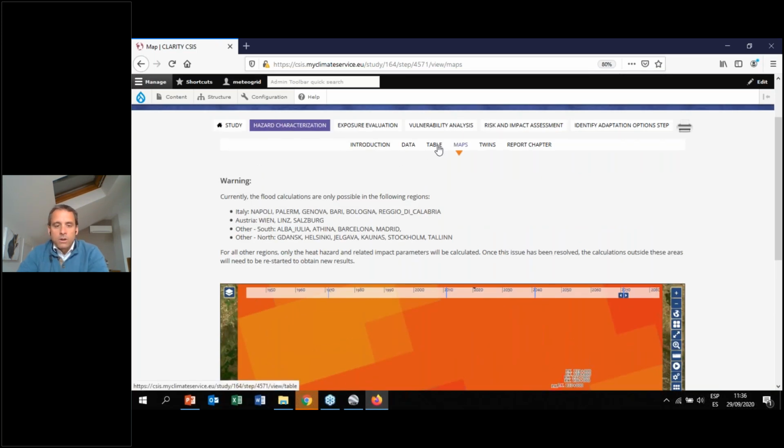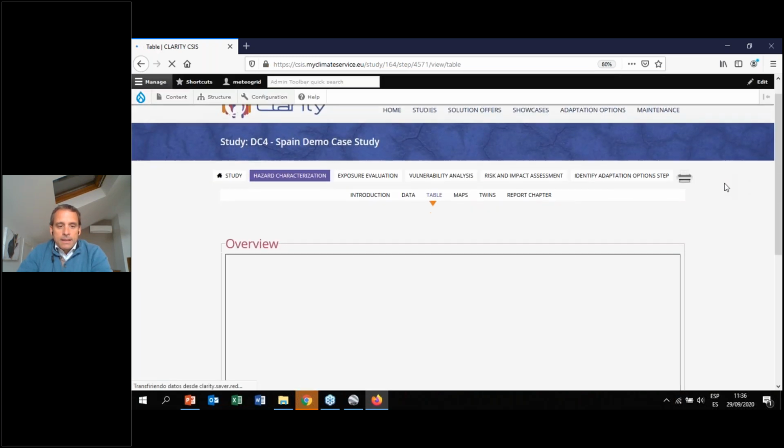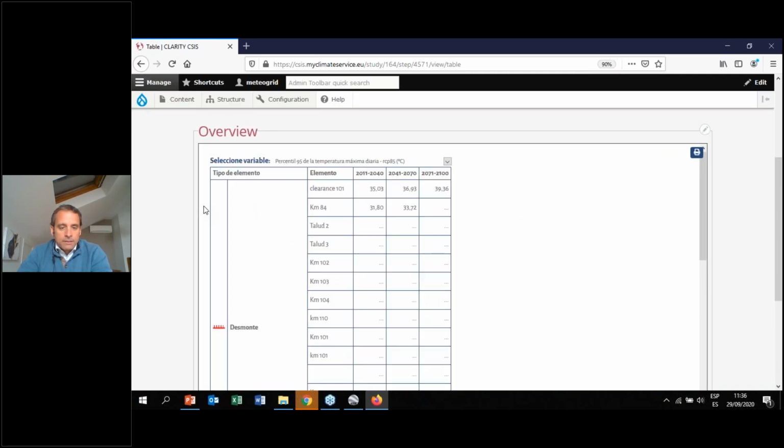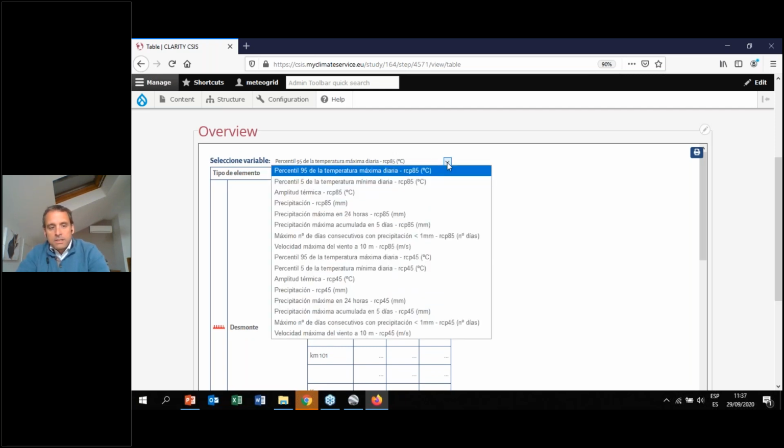So if we go back to the table where all the previous points were tabulated, and we select the percentile 95 of maximum daily temperature.